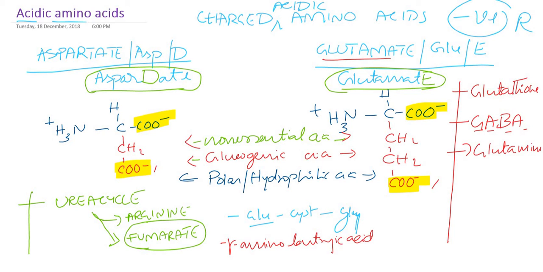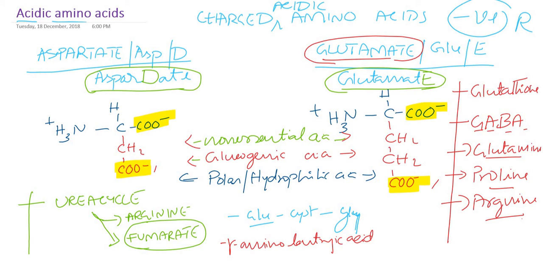Glutamine, the amide form of the amino acid, is synthesized from glutamate. Glutamic acid is also required for the synthesis of proline, another amino acid, and arginine, another basic amino acid. We are going to see these amino acids in the next presentation. All these amino acids are synthesized from glutamate.